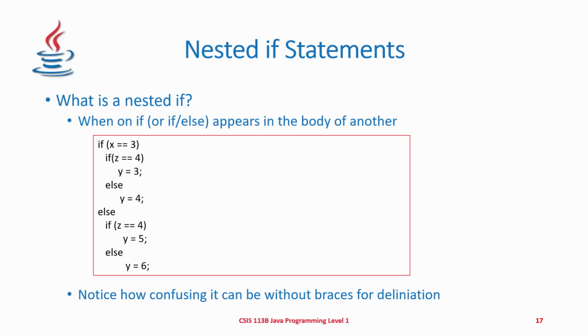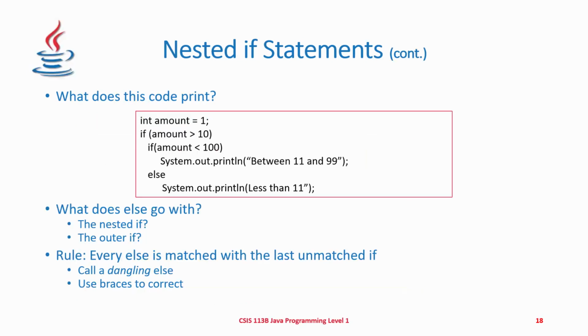Notice how confusing it can be without braces for delineation. So let's take a look at this code. The question is, what does this code print? If you look at it closely, you see we have an if and then a nested if with a single else. So the question really is, does the else go with the nested if, or does the else go with the outer if?